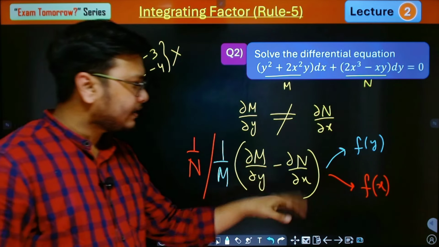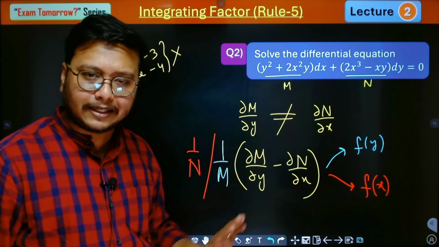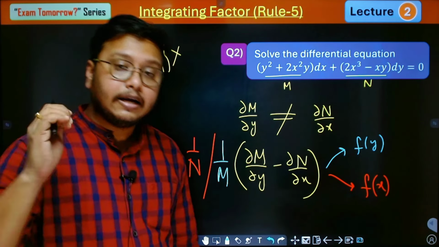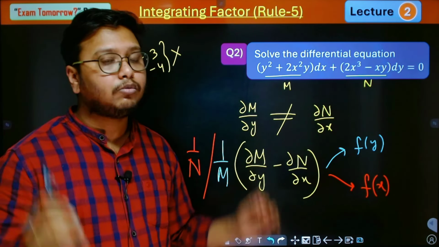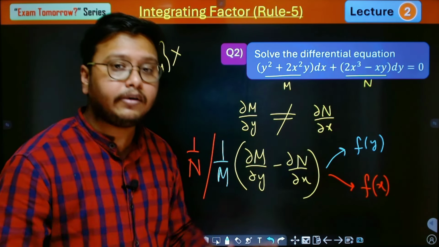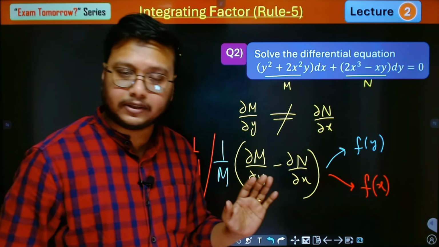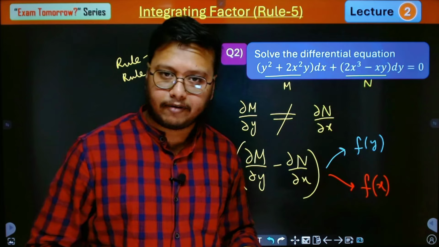If that is happening, then it is going to be rule 1 or rule 2 respectively. If these two things are also not happening, now you know that this is rule number 5, and then only you do rule number 5. Otherwise you don't directly start a question assuming it to be rule number 5.